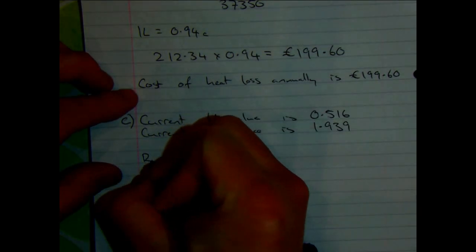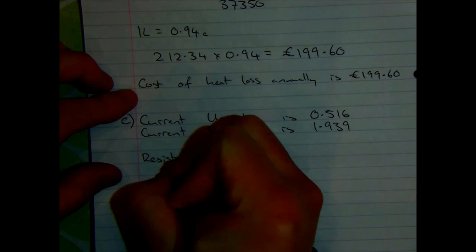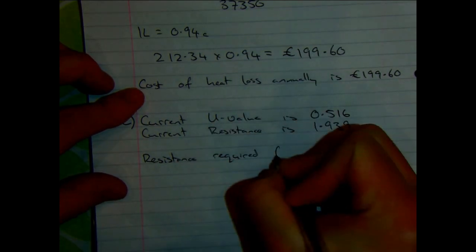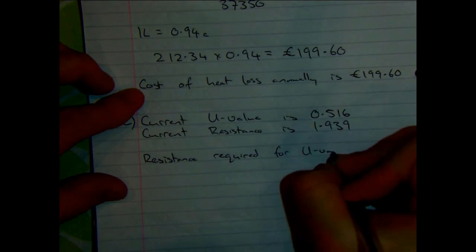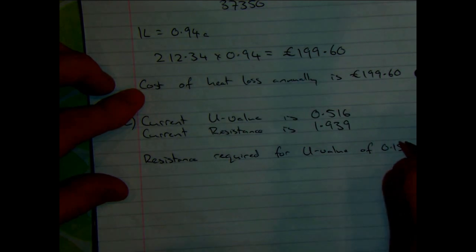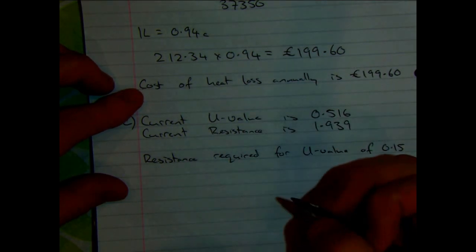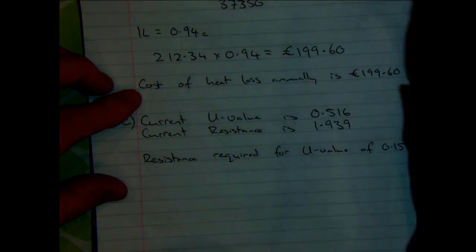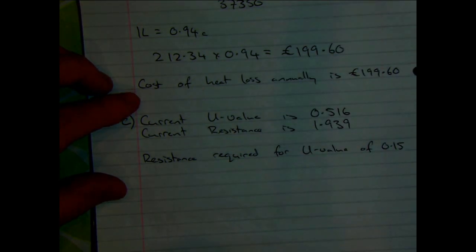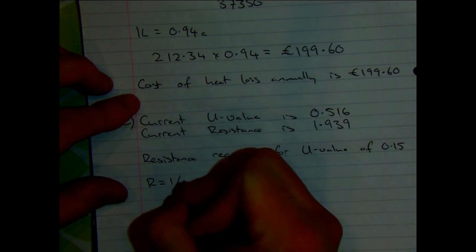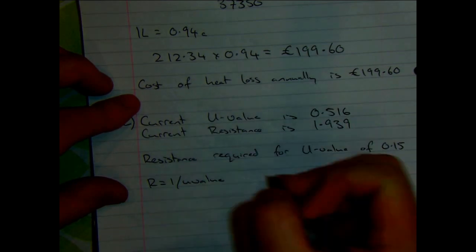So, resistance required for a U value of 0.15. Now how do we get that? We're going to use the formula we had to get our U value in part A of the question. Our formula was R equals 1 over U value.